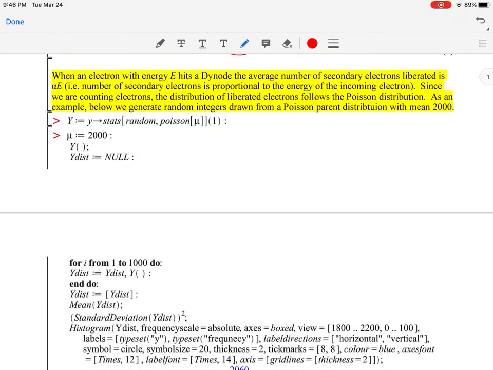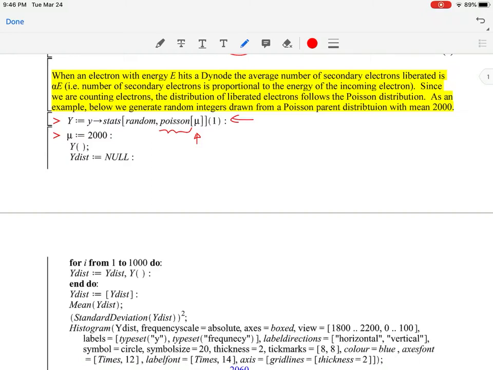Okay, so the next thing to do is to generate a number drawn from a Poisson distribution. And the syntax is similar to what we had above for our uniform distribution, just instead of putting a uniform distribution in there, we put in a Poisson distribution, and then we have to specify a value for the mean.